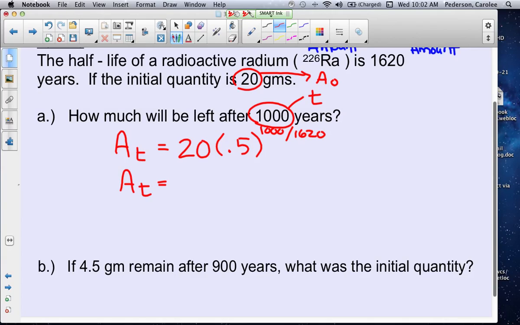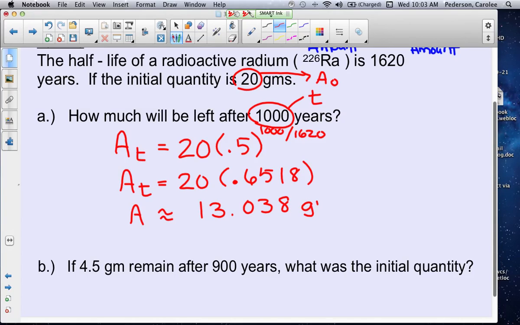Okay. So I'm just going to write that down so you're checking it. And then multiply by 20. Did you get 13.038 grams? So our guess was about right. We were somewhere between 10 and 15 grams. How many decimal points should I really give out? I would say 3 significant digits.